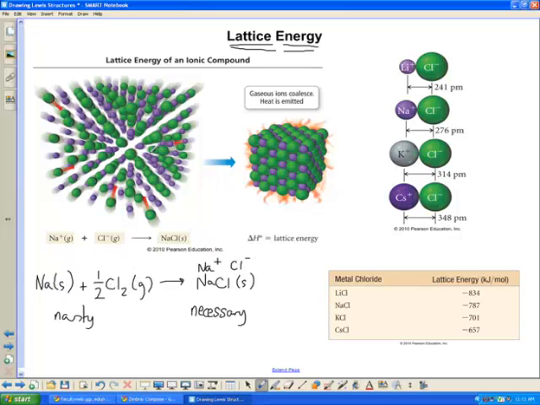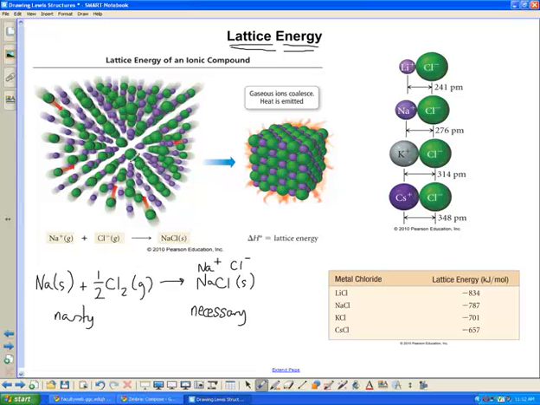Anyway, from a theoretical standpoint, the lattice energy is the bringing together of two gaseous ions to form a solid. Now, in reality, it doesn't really work that way. We have the solid sodium here, the gaseous chlorine here. We bring them together, we heat them up, and then we have an exothermic reaction. We get out the solid.